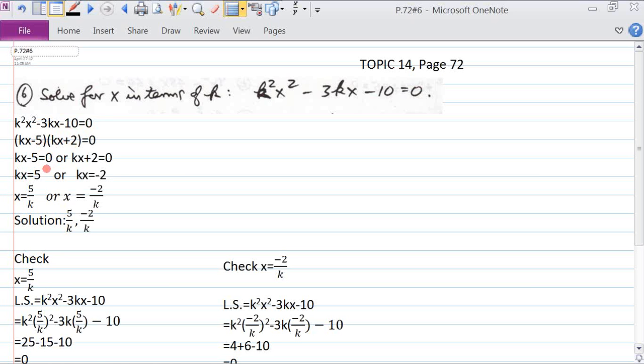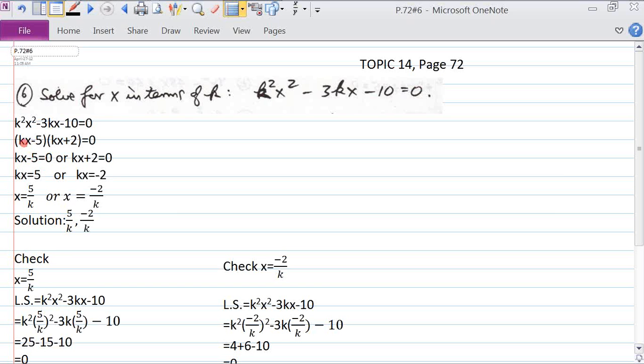If we choose minus 5 and plus 2, then we get the correct middle term, because the inner term is minus 5kx right here. Minus 5kx is the inner term, and the outer is plus 2kx. So the inner and the outer sum to minus 3kx.